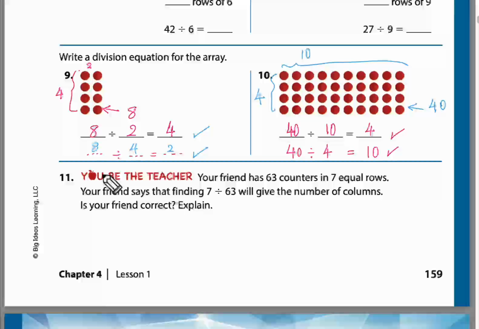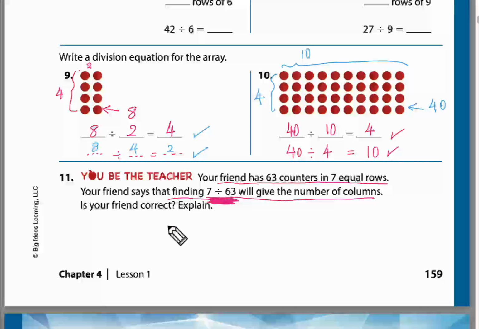Okay, question number 11. Would you please read the question for us? Your friend had 63 counters and 7 equal rows. Your friend says that finding 7 divided by 63 will give the number of columns. Is your friend correct? Okay. Do you agree with your friend? Yes. He says that we should divide 7 divided by 63 to find the number of columns.